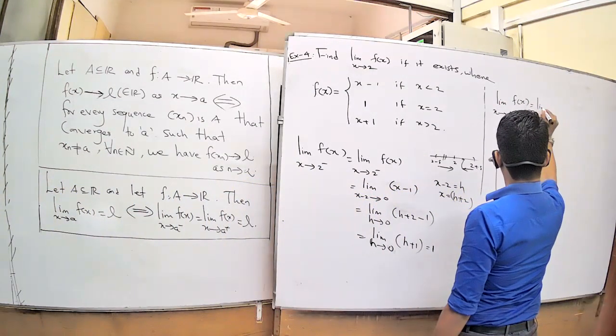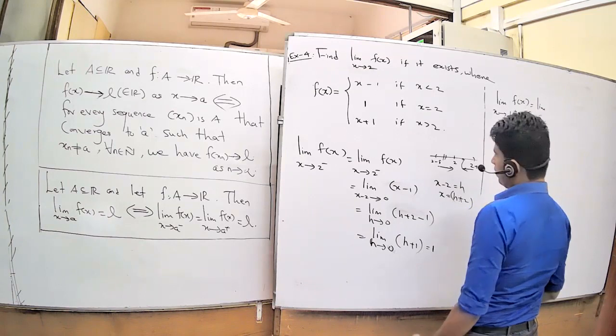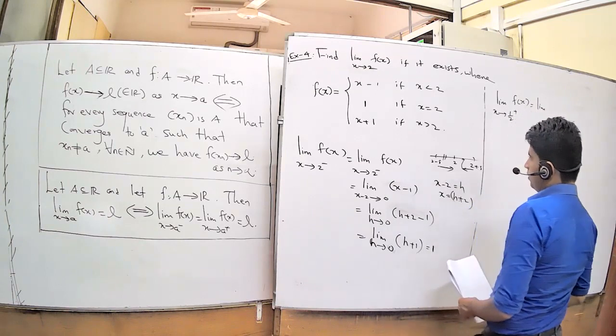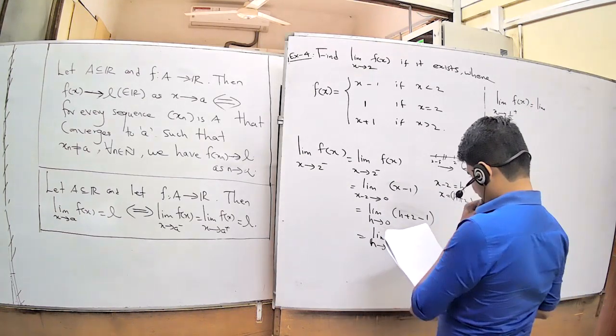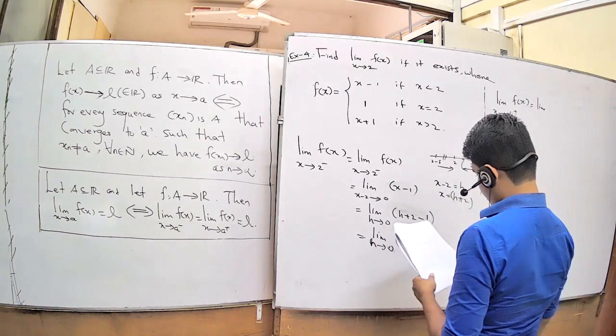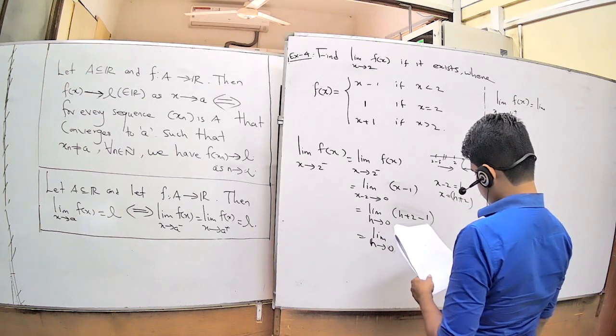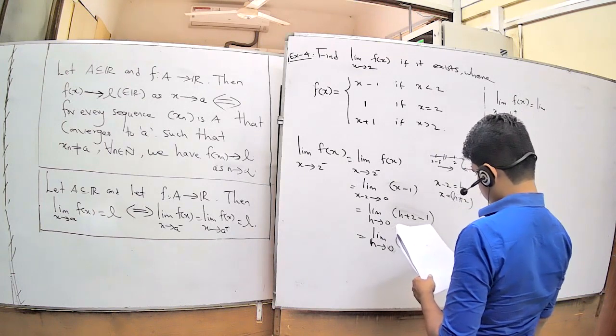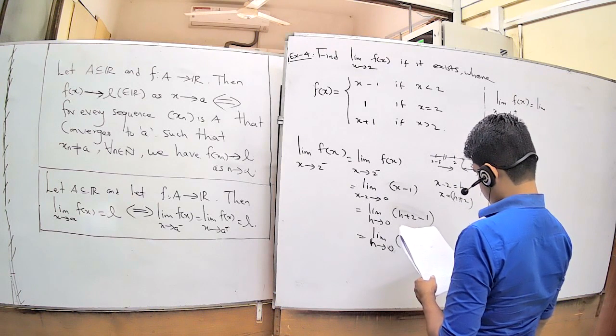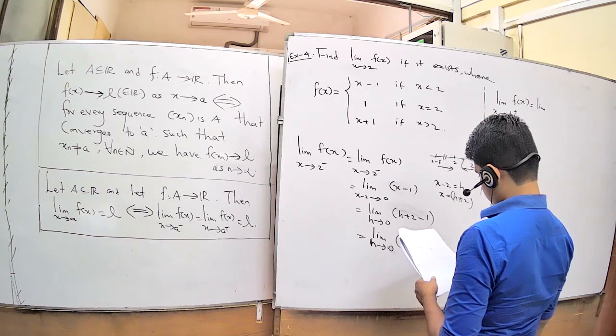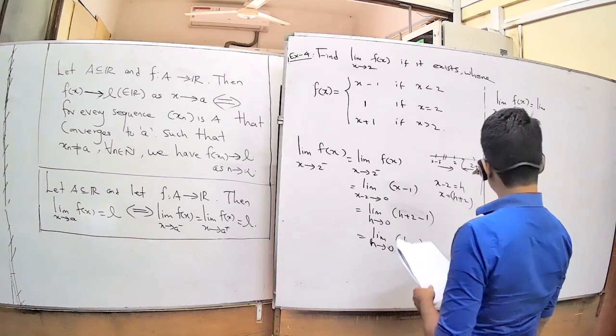Then here also you want to change the variable, you put x minus 2 equal h, right?